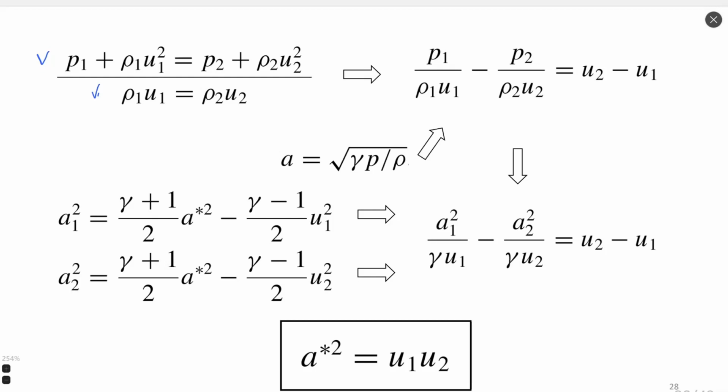We can even divide one equation by another. We divide the momentum equation by the continuity equation and receive this result right here, a combination of these two equations. Put the velocity difference on the right side and the rest on the left side.